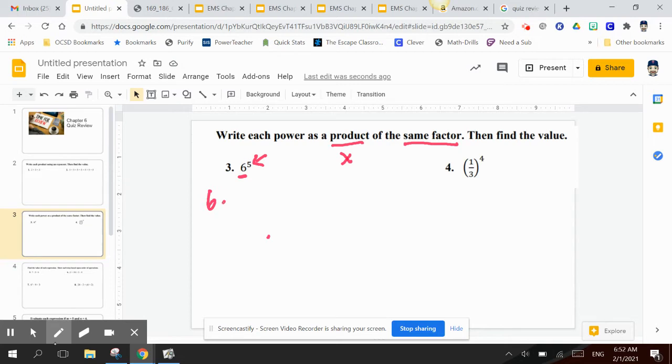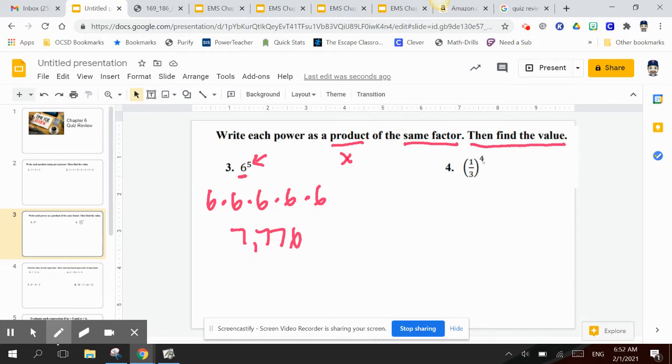So I take 6 times 6 times 6 times 6 times 6. That's writing it as a product of the same factor. And 6 times 6 times 6 times 6 times 6 is 7,776. I then have to find the value.